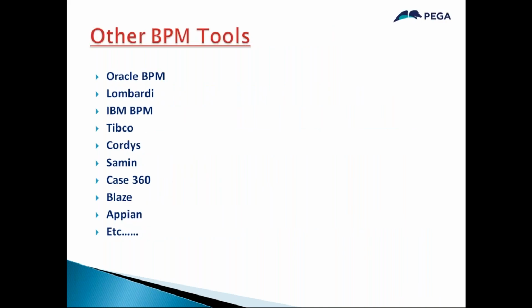And in the market, many BPM tools are there, okay, but no need to worry. They will not ask about any other BPM tools in interviews or anywhere. So when you're working in Pega, the Pega structure and everything will be different from other BPM tools. The common thing is the BPM environment, but internally the rules will be different in every BPM tool.